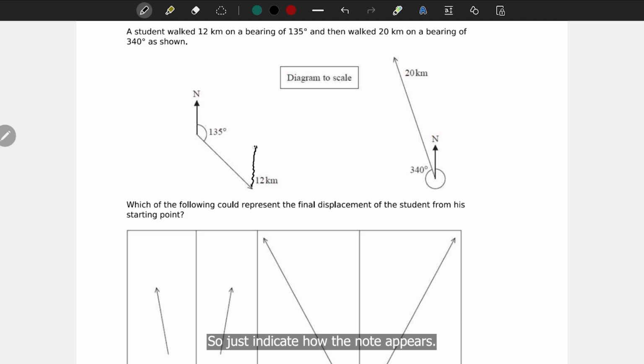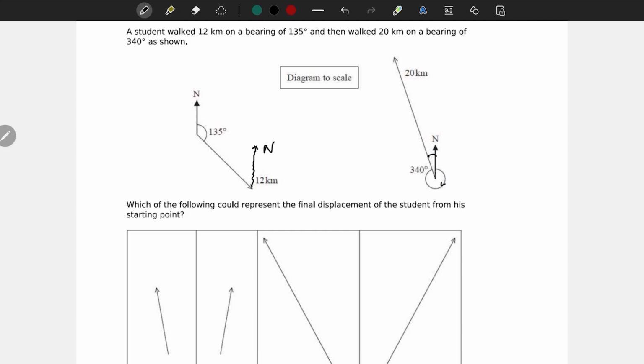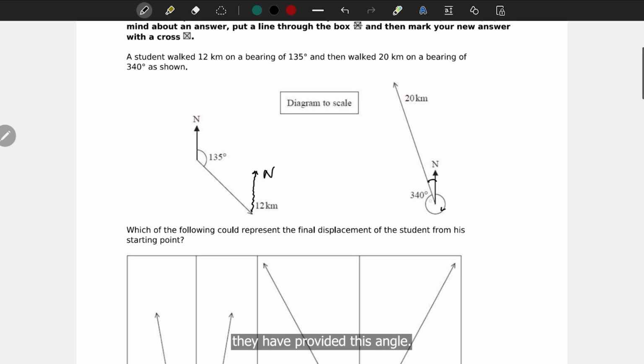So just indicate how the north appears, and then here the angle between the north and this one, because when it comes to bearings, guys, we always measure the clockwise angle. So that's why they have provided this angle.